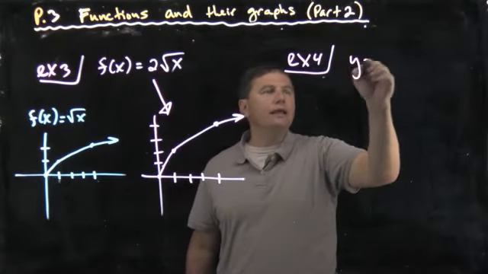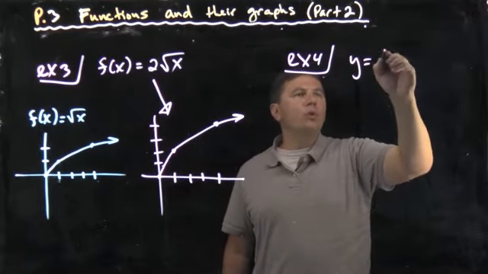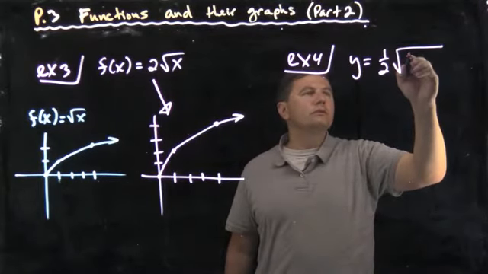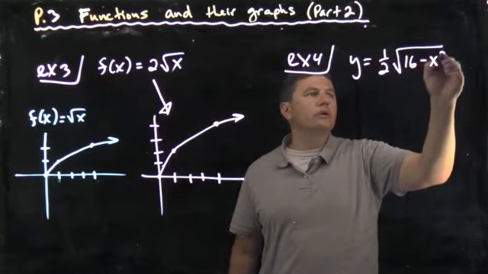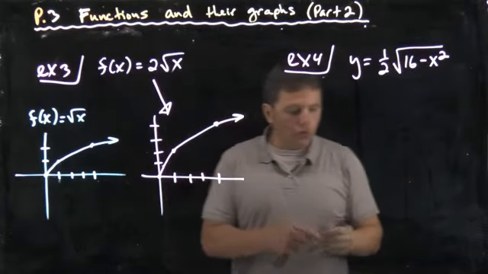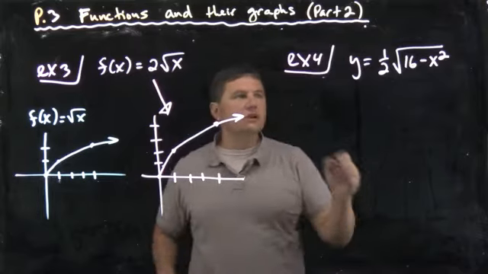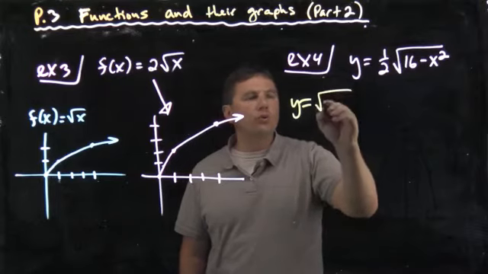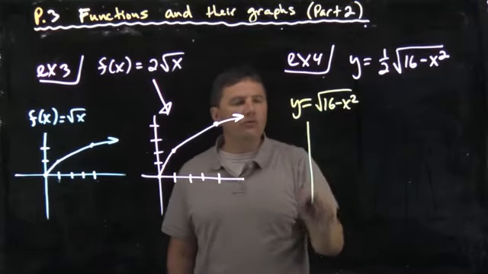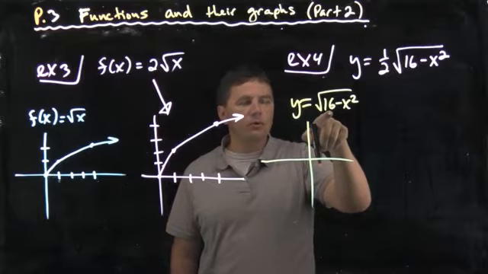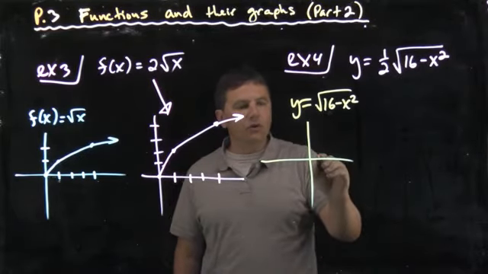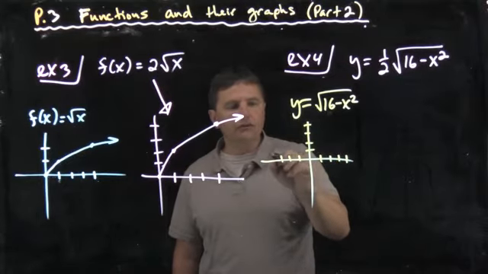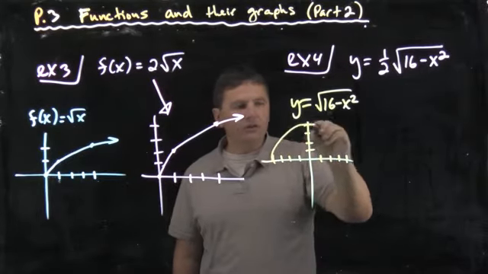So let's say we have y equals 1/2 times the square root of 16 minus x squared. So let's start with the parent function, y equals square root of 16 minus x squared. For the semicircle, we take the square root of this number, and that's going to be the radius. So that's going to be 4: 1, 2, 3, 4. So we get something that looks like this.